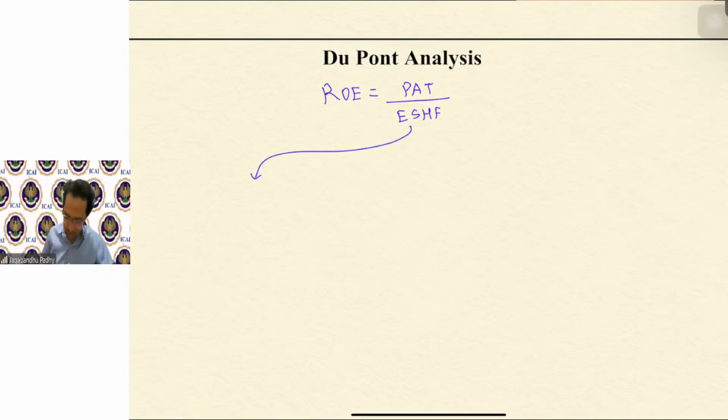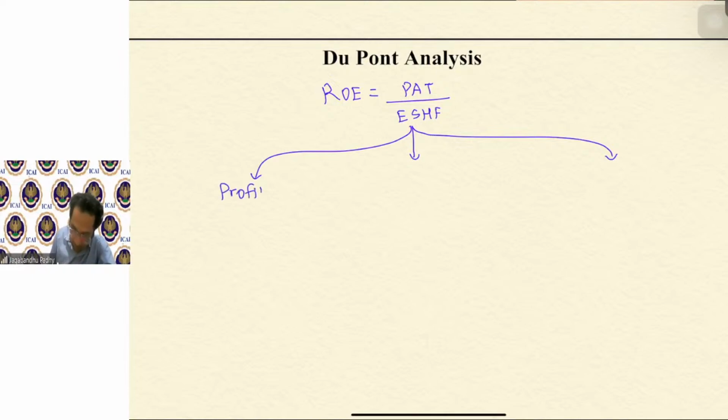If the company is getting good return on equity, we need to measure it from three different angles. The first angle is profitability. Second angle is turnover.